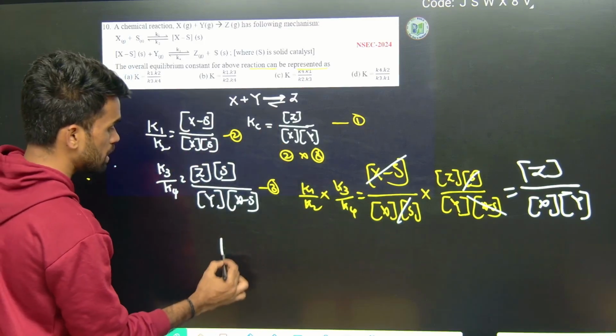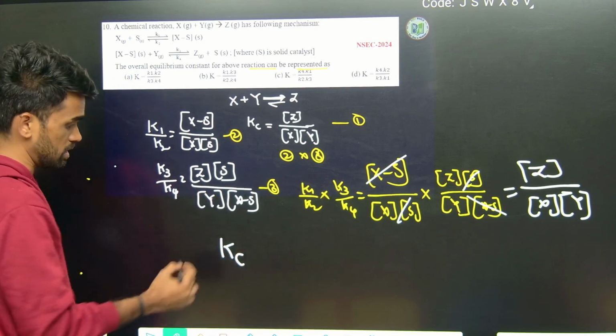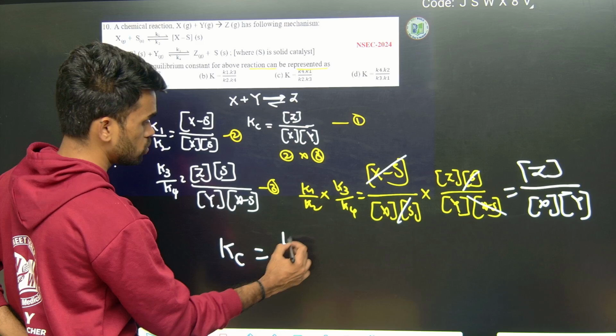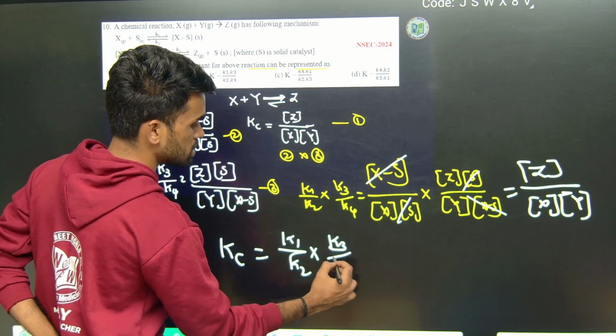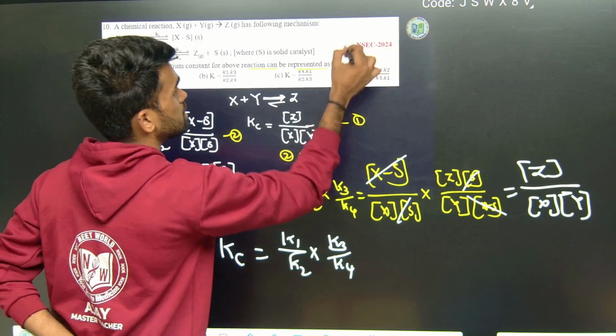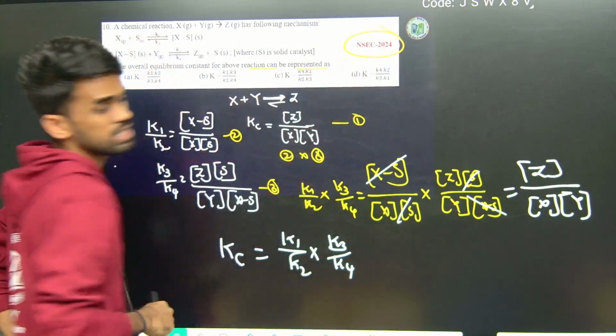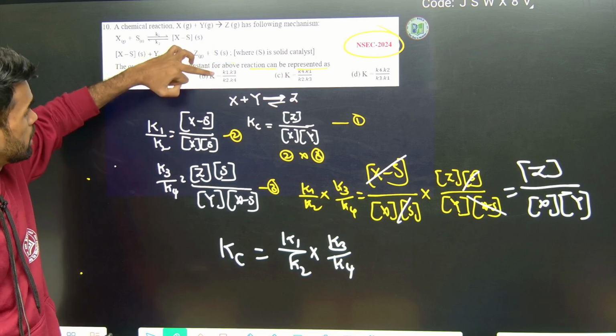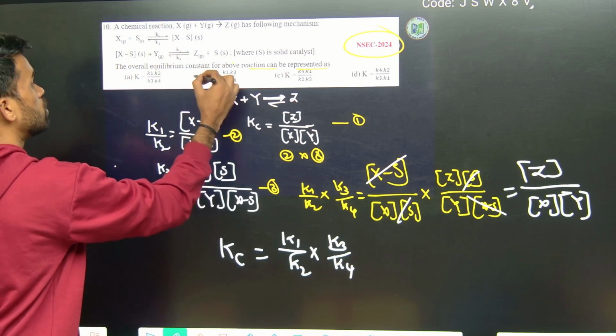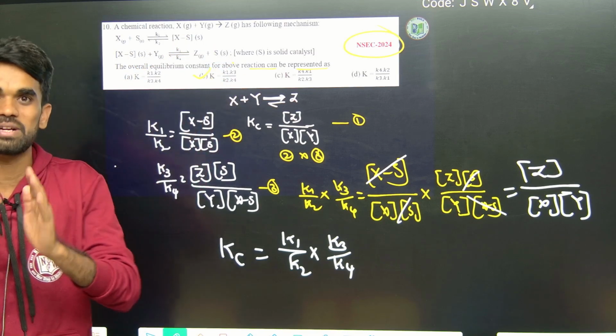So the overall equilibrium constant Kc equals K1 by K2 into K3 by K4. That's it. Easy only, no? Yes, this was asked in the 2024 NSEC paper. So where do we have that option? K1 K3 by K2 K4. So option number 2 will be your perfect answer for this particular question, right?